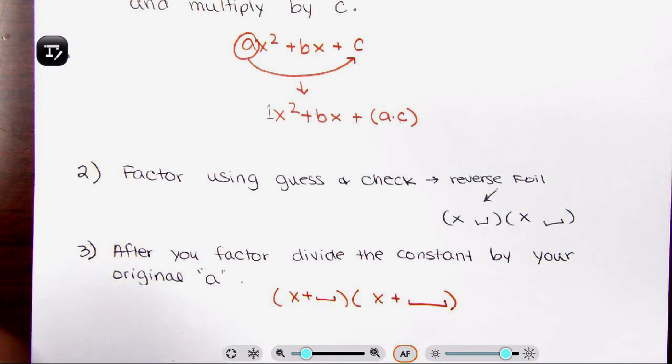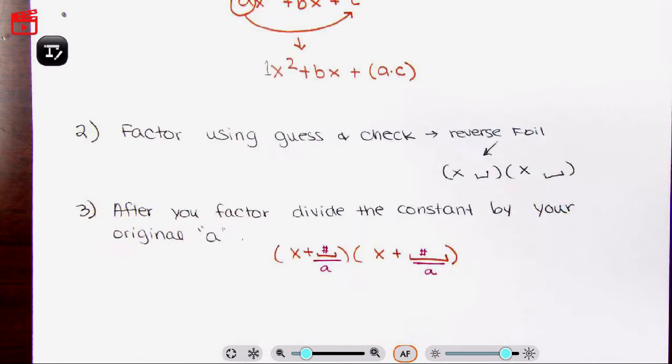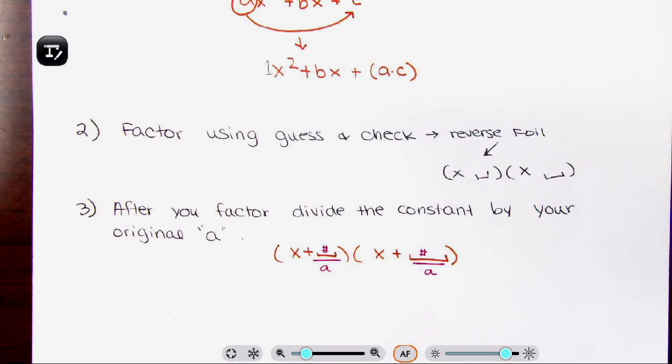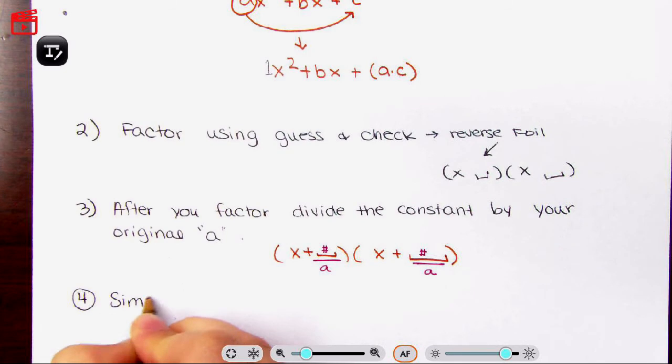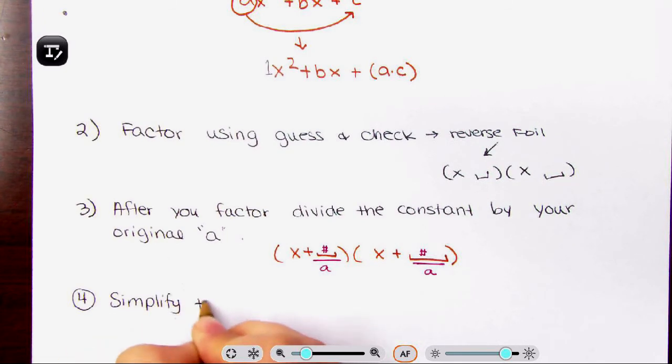You're going to take and divide this number by your original A. Step number 4, you're going to simplify the fractions.